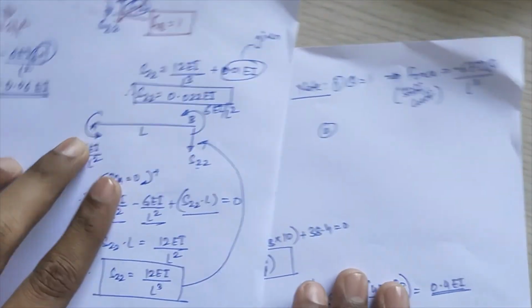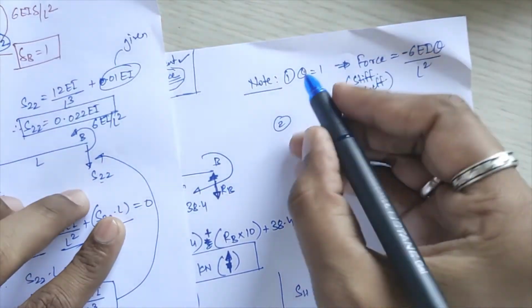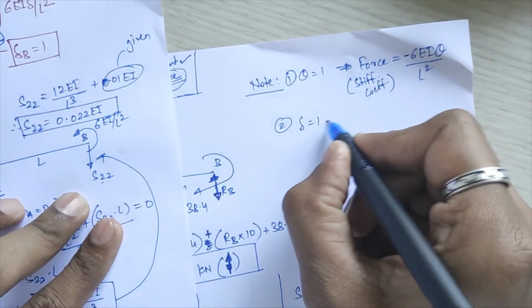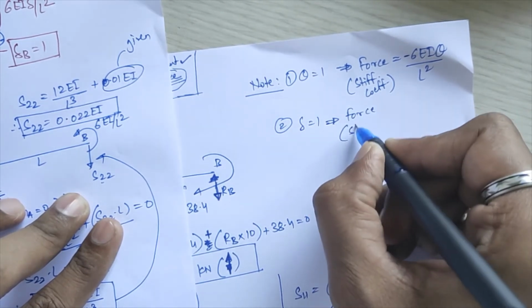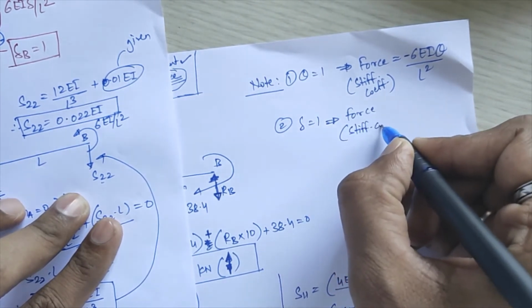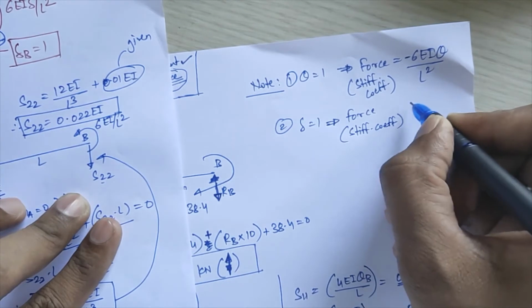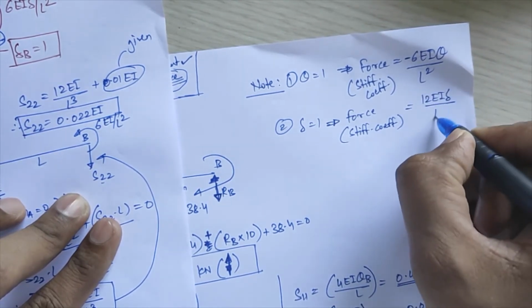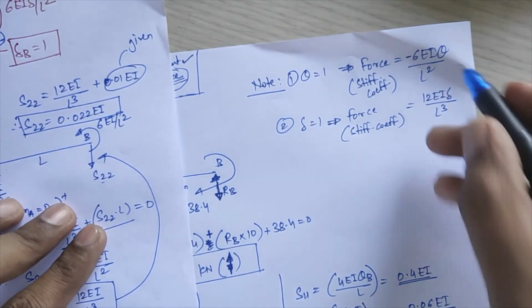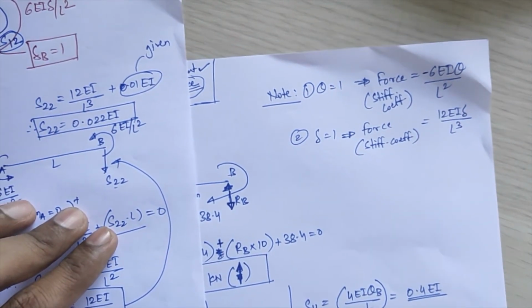So note number 2 is: if you are applying delta equal to 1, then for force your stiffness coefficient will be equal to 12EIΔ/L³, where delta will be equal to 1.